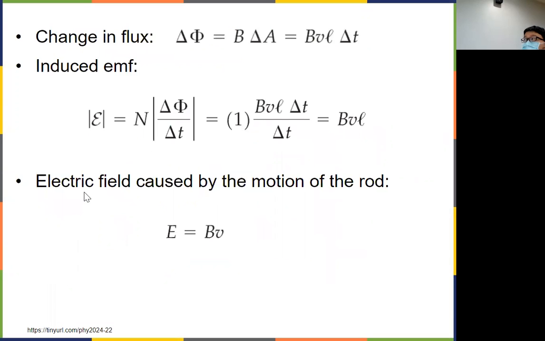The induced EMF epsilon, if you have just one coil, is equal to B, the magnetic field, times the speed v of the rod times the length L of the rod. Because you have voltage induced in the rod, there will be an electric field in the rod, which is equal to the magnetic field times the speed of the rod.